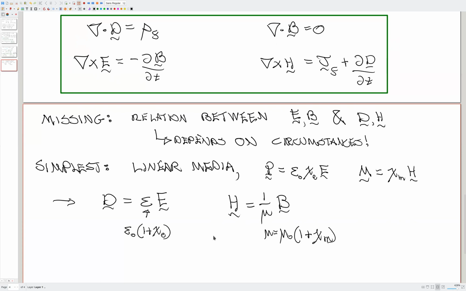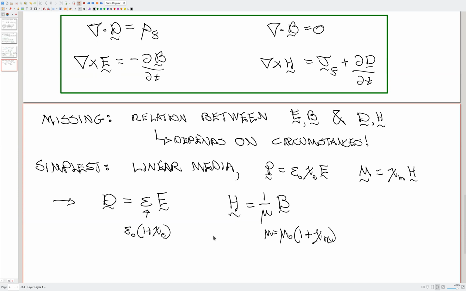I emphasize this is not universal. This doesn't always work. In fact, in a sense, you can say that it never truly works. If you're looking at arbitrary precision, there will always be corrections to that. However, it might be dominated by this linear aspect of the response of your system to the presence of these external fields. With the notion that you have a linear medium, within this approximation, you can go much further.